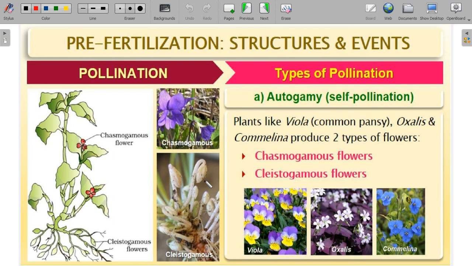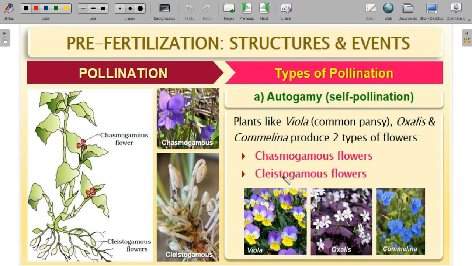So even in the absence of pollinators, cleistogamous flowers can give you seeds, or assured seed sets. Chasmogamous flowers require pollinating agents. Cleistogamous flowers don't require any pollinating agents, because the floral appendages are closed and the anther and stigma are close to each other. And next, there is synchronicity in the release of pollen grains and the receptiveness of the stigma.